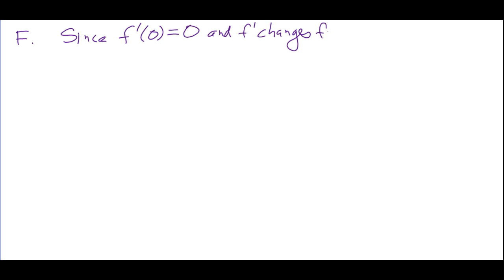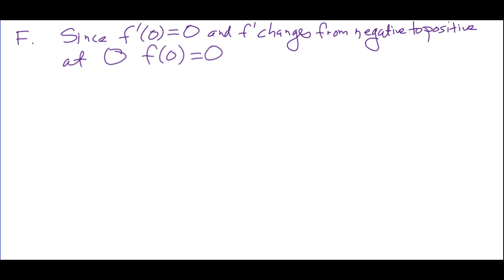All right, so that's part F, right? Since f prime equals 0 and f prime changes from negative to positive at 0, f of 0, which is equal to 0, is a local minimum, right?